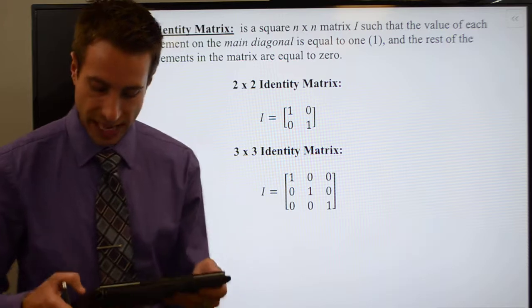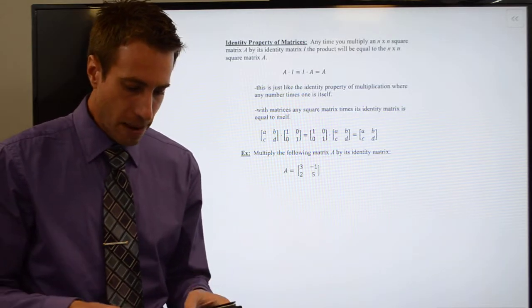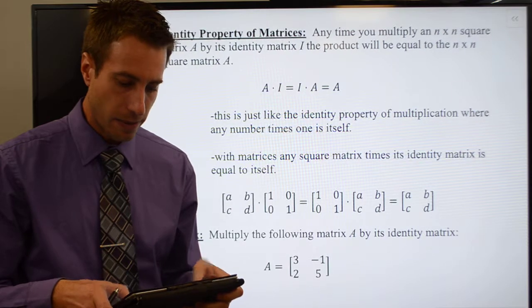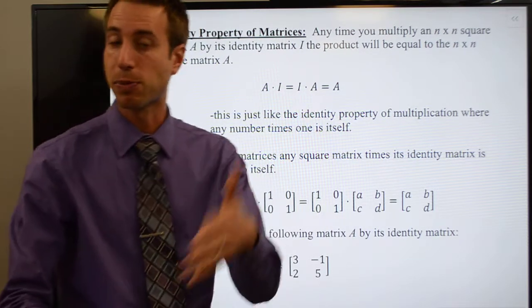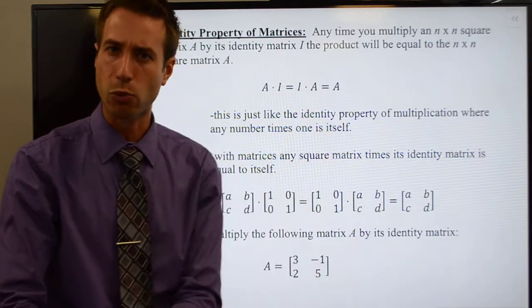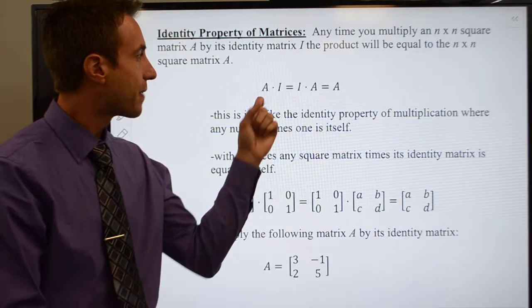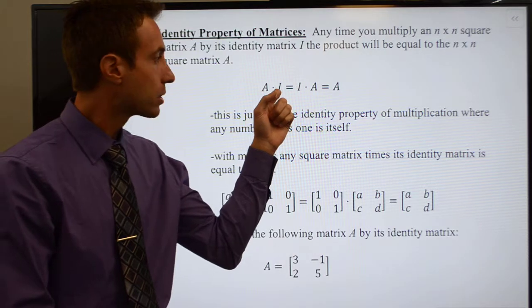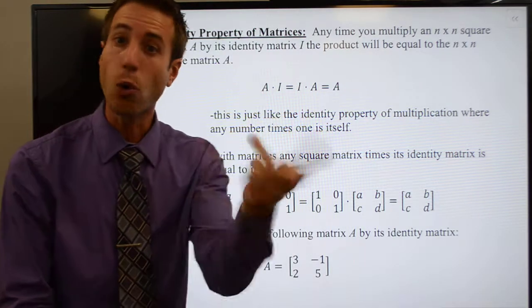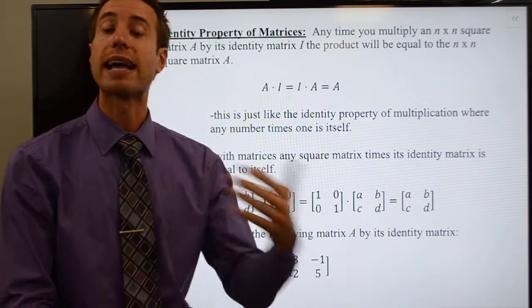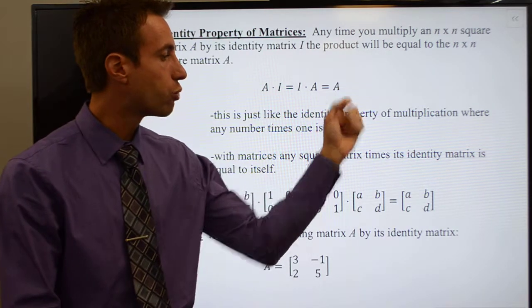And here's what they do. Remember, if you pick any real number and multiply it by 1, you get back that original real number. Well, the same thing happens with matrices. If I take a matrix A and multiply it by the identity matrix, or the other way around, multiply the identity matrix by some matrix A, what I get back is my original matrix.